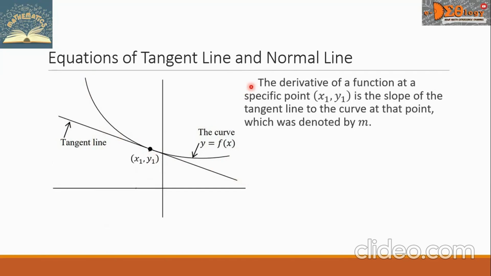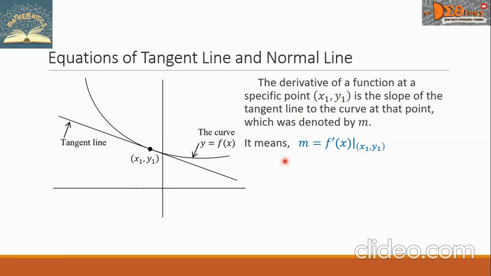The derivative of the function at a specific point x sub 1, y sub 1 is the slope of the tangent line to the curve at that point, which was denoted by m.